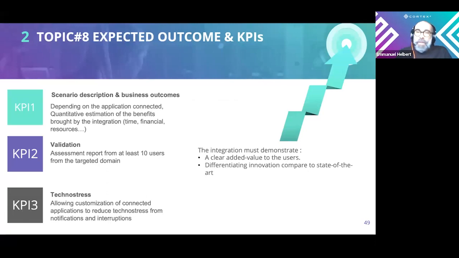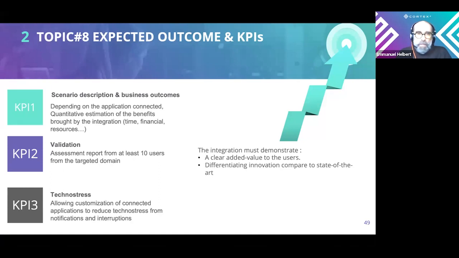Regarding the outcomes and KPIs, we identify 3 different KPIs. The first one is about how to measure the benefits of integrating such services in the CORTEX2 framework. In some cases, it makes complete sense to have XR features in these applications. In other cases, it's just not relevant.